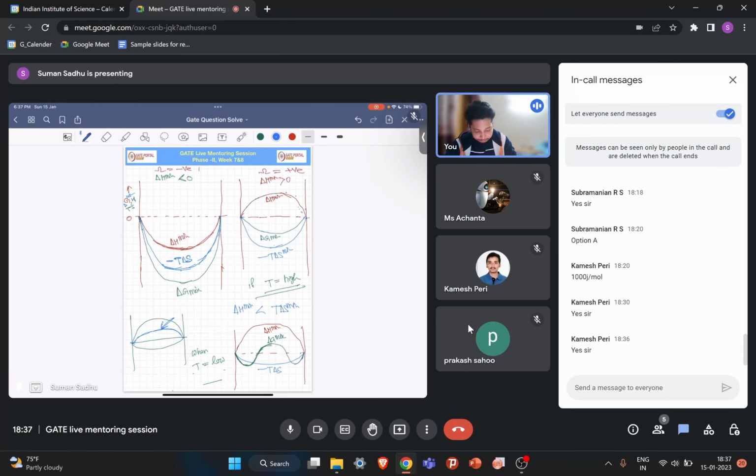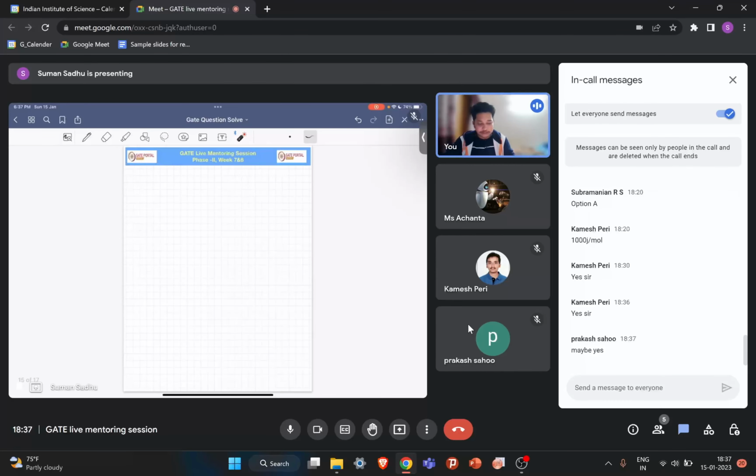So this type of free energy curve you will never get, because you have seen the expression for delta S. Delta S config is minus R (xA ln xA plus xB ln xB).